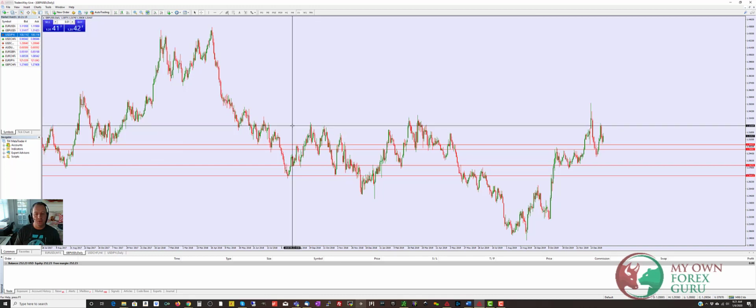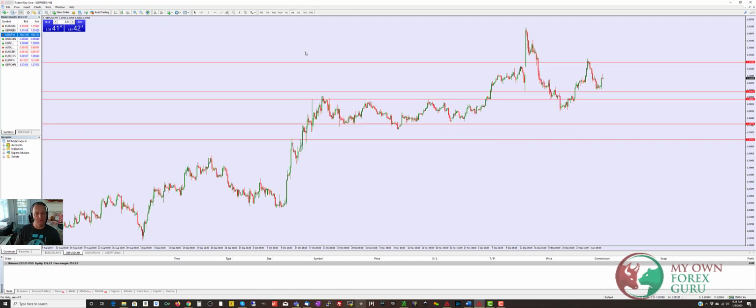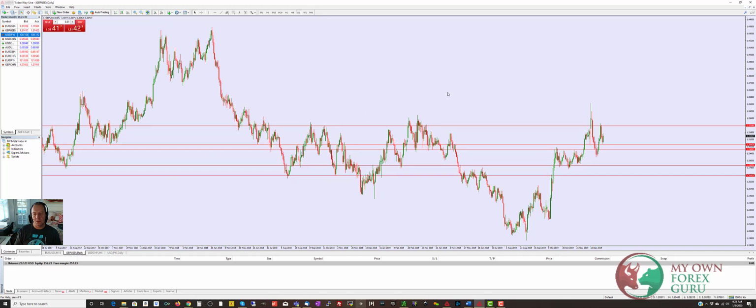Sometimes I use this crosshair to see if I have an area where price comes up to at least 2 or 3 times. So I feel like I have one area here. We see area there, there, there, and there, most recently. All right, going down on H4.